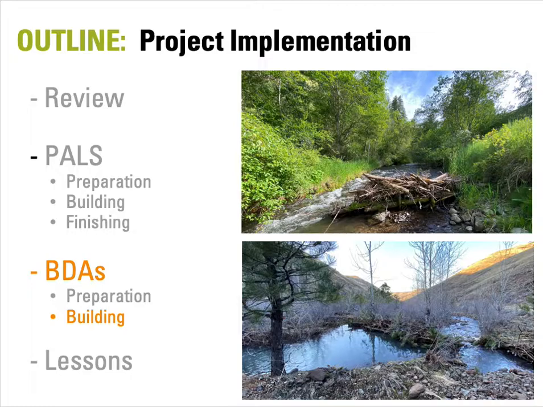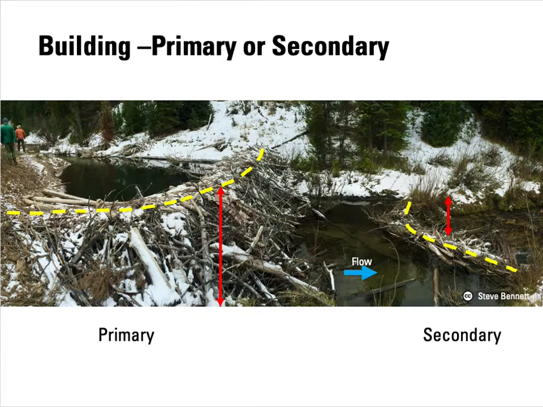So now on to the building part of BDAs. Just a reminder, there's two types of natural beaver dams, a primary one and a secondary one. The primary dam has a longer crest elevation and generally is built higher and is the place where beaver might have its lodge and store food.